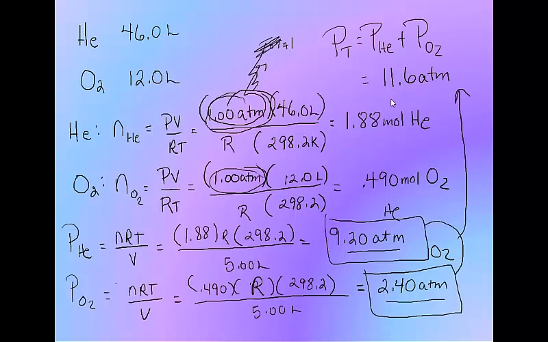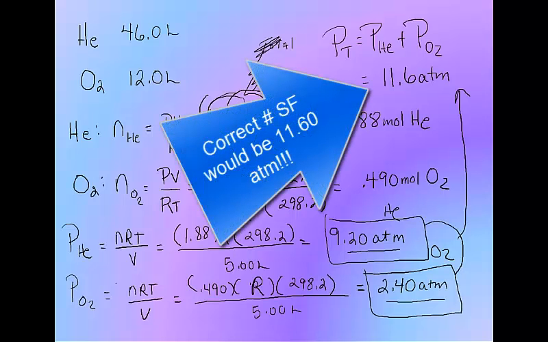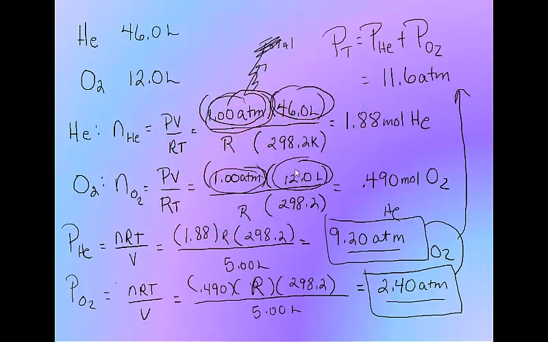So when you put them into a smaller container, again, think about it, you're shoving 46 liters into a 5-liter container. You're shoving 12 into a 5-liter container. I would expect the pressure to go up, and it definitely does. The total goes up, the partials go up. So in that mixture, in that smaller volume, helium's 9.20 atmospheres, oxygen's 2.40 atmospheres.